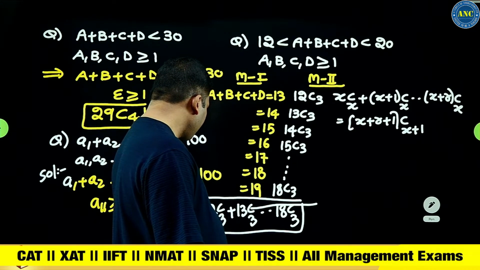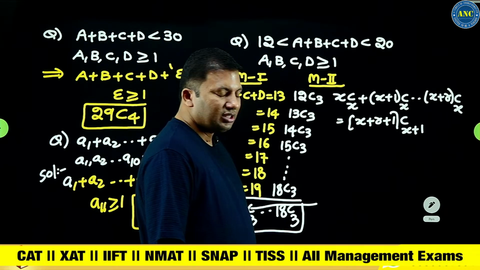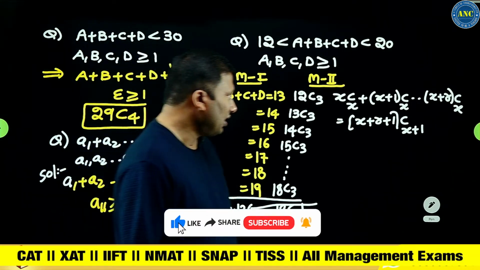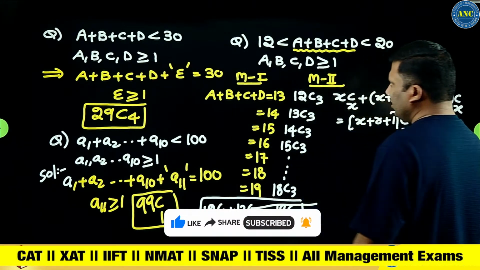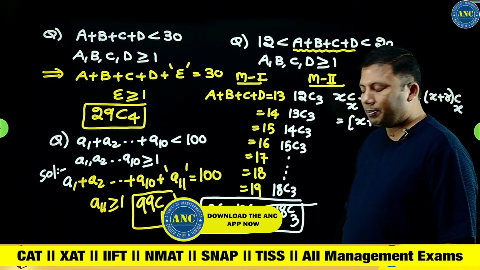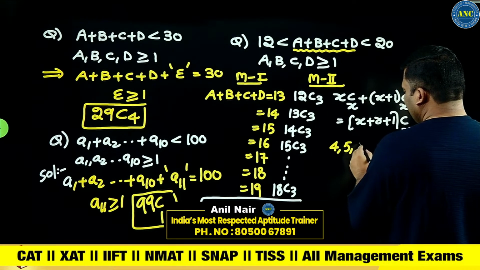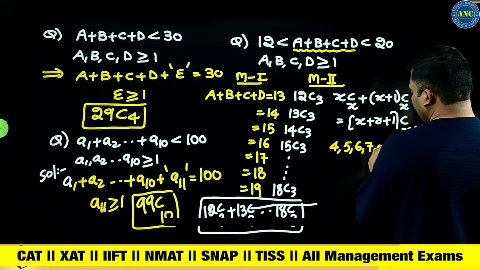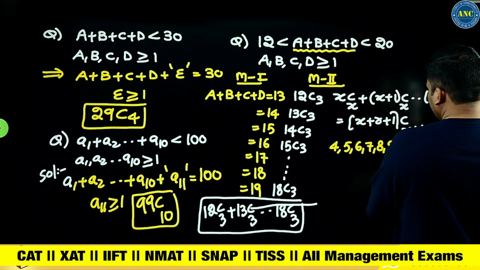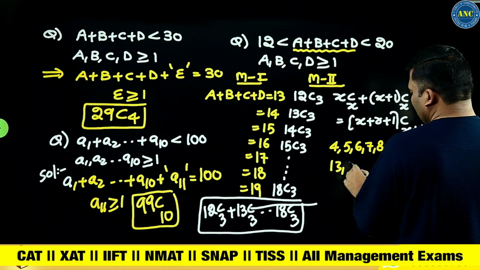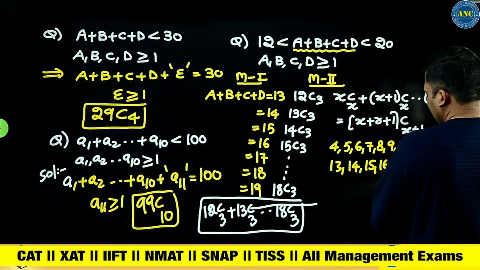Now see here, how am I solving this question? 12 less than A plus B plus C plus D less than 20. If this condition is not there, A plus B plus C plus D has a minimum value 4: 4, 5, 6, 7, 8, 9, 10, 11, 12, 13, 14, 15, 16, 17, 18.